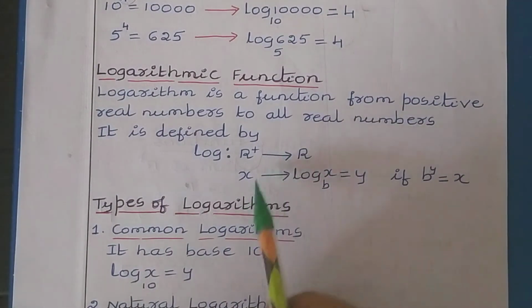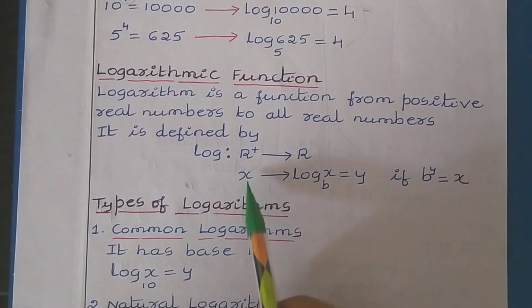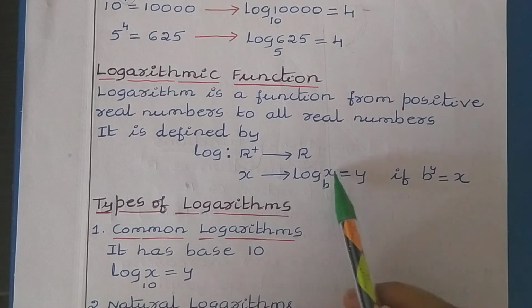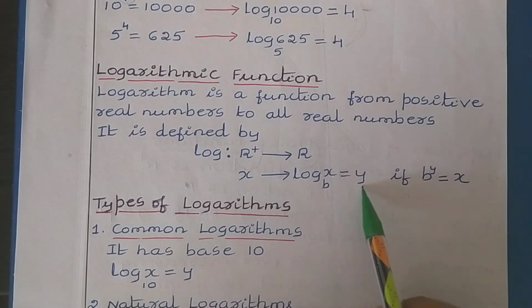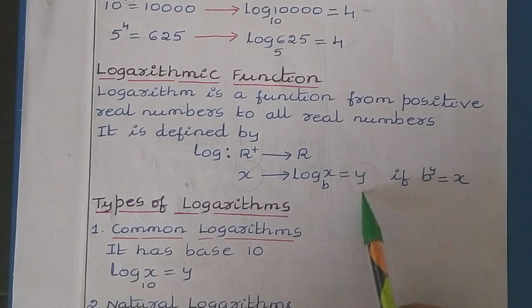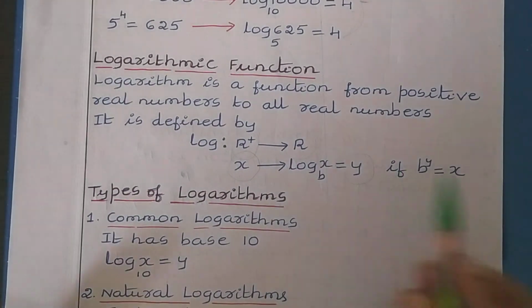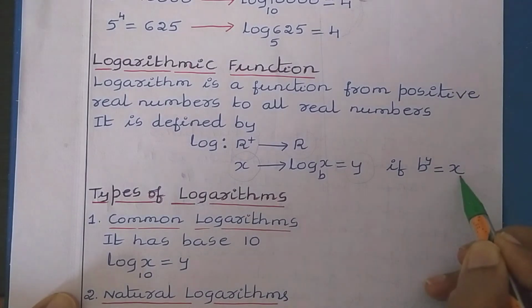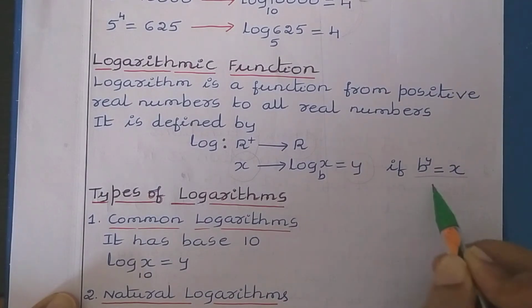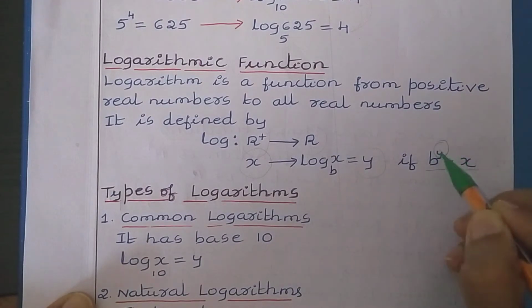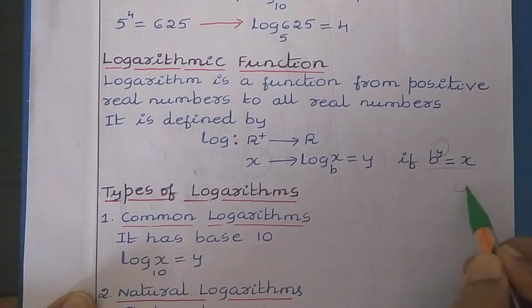So this function we can represent this way: x tends to log x to base b is equal to y. This is the domain and this is the range value. See here, suppose if you have b to the power y is equal to x, then using the logarithm function, how we can write this? Here this y forms the output of the logarithm function.